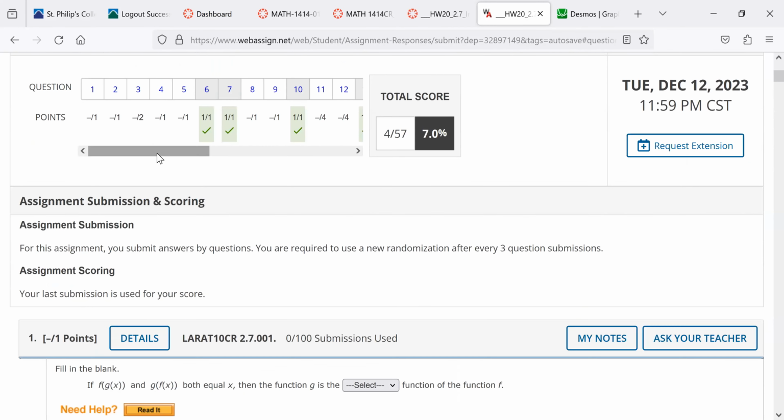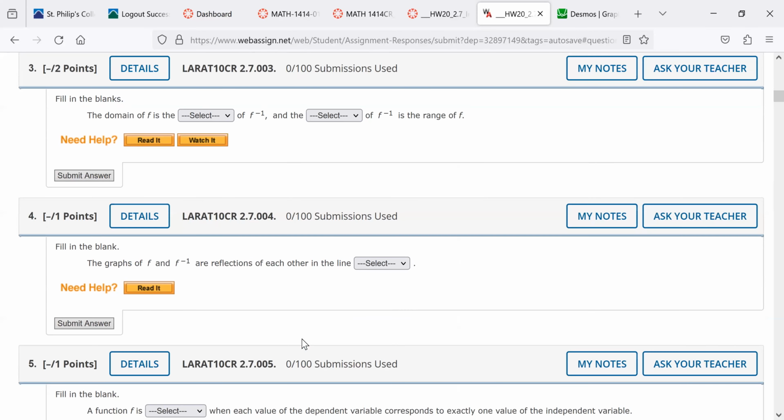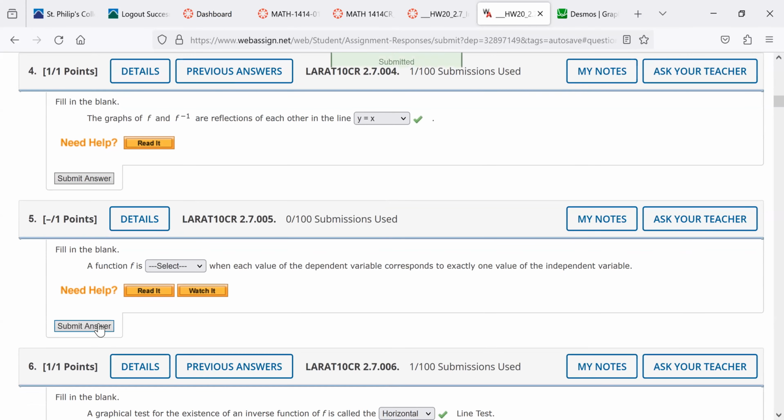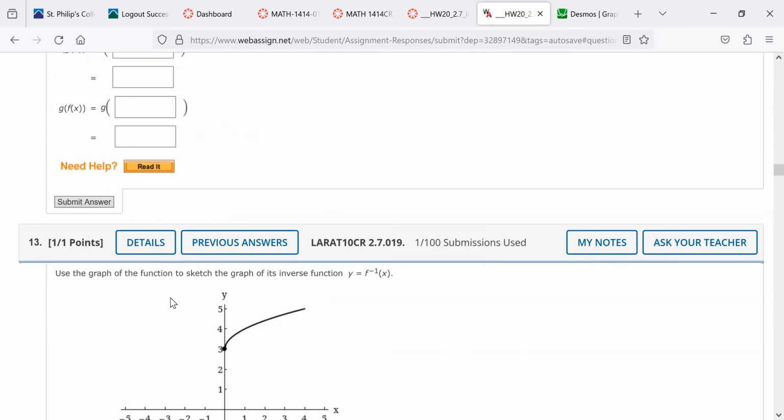They said f and f inverse are reflections of each other over y equals x. So basically, if you draw a line through the middle and you reflect it, flip it over, or picture yourself folding the paper, that would be your inverse.